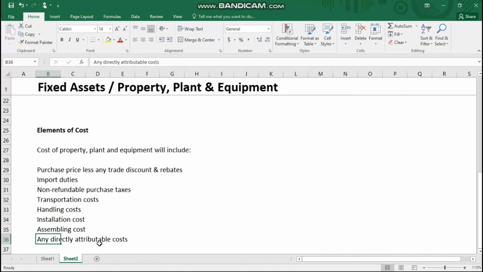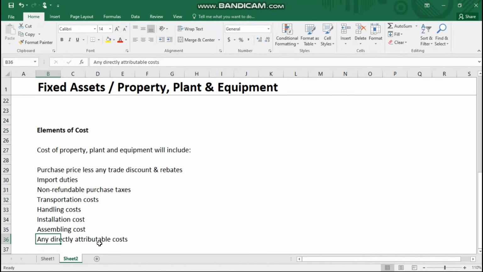We will discuss all these components in various examples, and that will help you understand how the cost will be comprised for an item of property, plant and equipment.